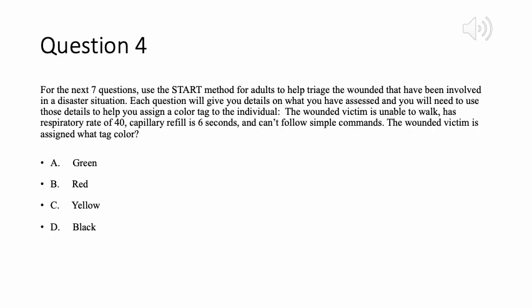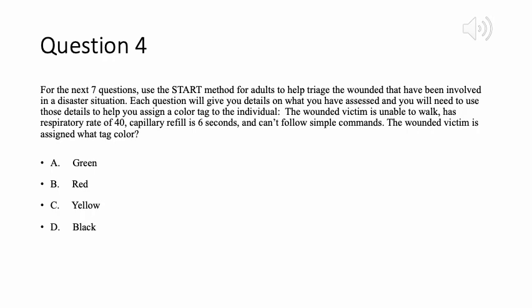Now we're on to question number 4. For all the remainder of the questions, we're going to use the START method for adults to help triage the wounded that have been involved in a disaster situation. So each question is going to give you details on what you've assessed, and how to use those details to help you assign a color tag to those individuals.